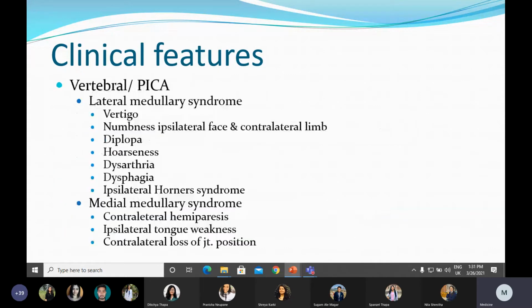In the posterior artery, the patient may have vertigo, diplopia, hoarseness, dysarthria, dysphagia, or if the patient has medial medullary syndrome, then we can have hemiparesis, contralateral loss of joint position, and tongue weakness as well.